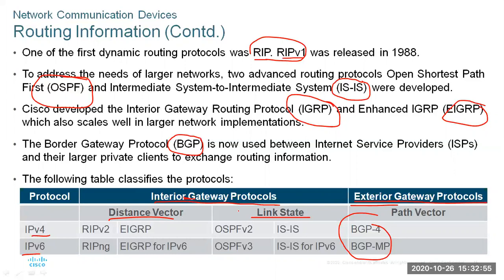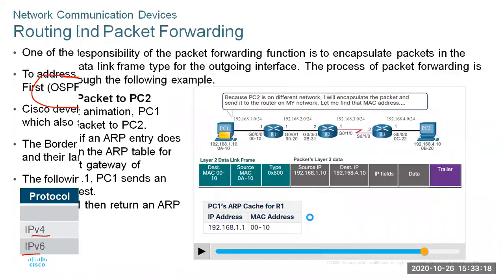All right. Now the distance vector ones are RIP version 2, EIGRP, RIPng, EIGRP for version 6. All right. And then link state, we have OSPF version 2, we have IS-IS, we have OSPF version 3, and then IS-IS for IPv6.